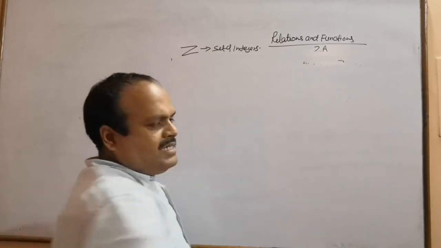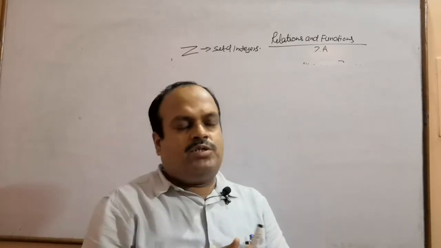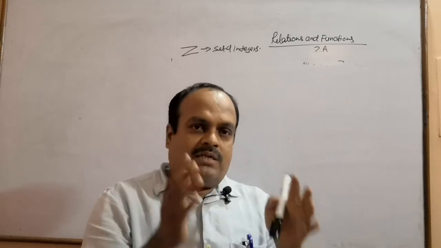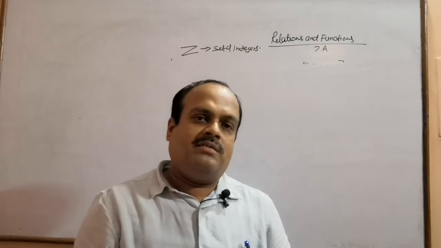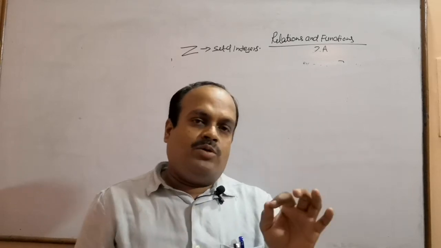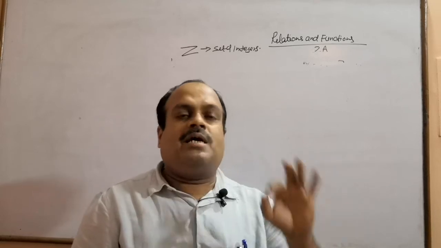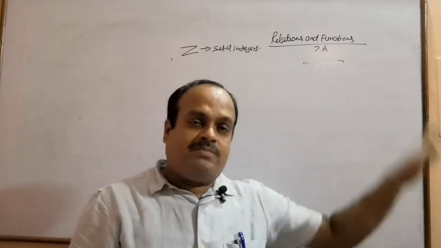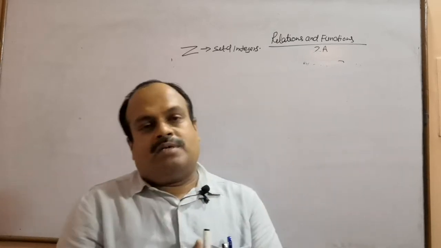I think we have to write here domain and range also. I hope I have made it clear to you that when you write the set of collection of first entries of a relation, that will give you domain, and when you write a set of collection of second entries of ordered pairs of the relation, then that will give you range of the relation.